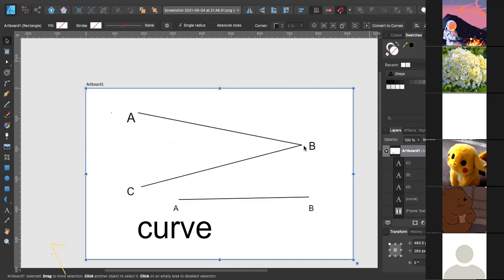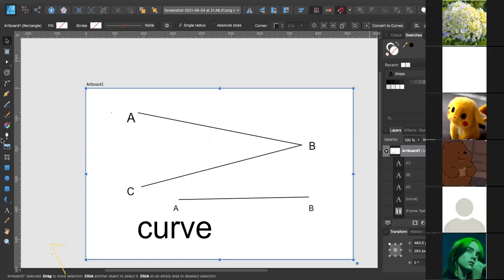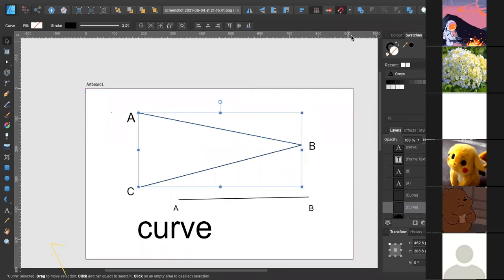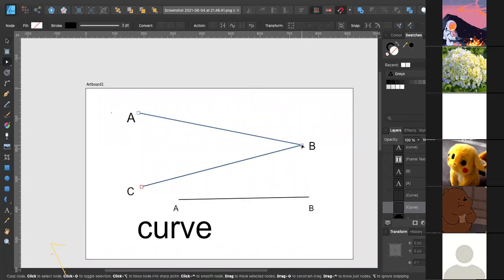Okay, see, it's a very sharp bend, a sharp point. If I take this and change it into a curve, now I am going to change it into a smooth one.